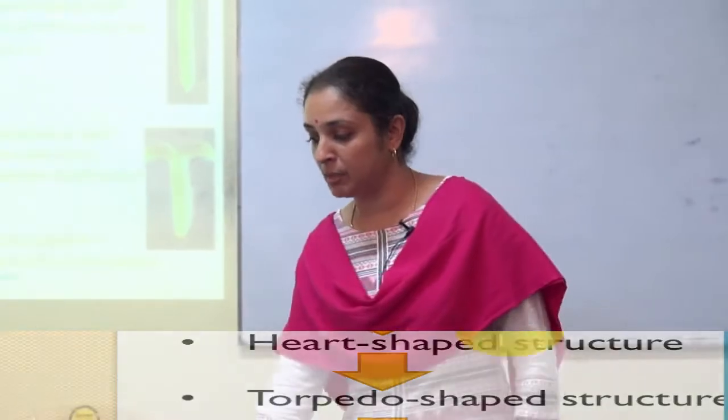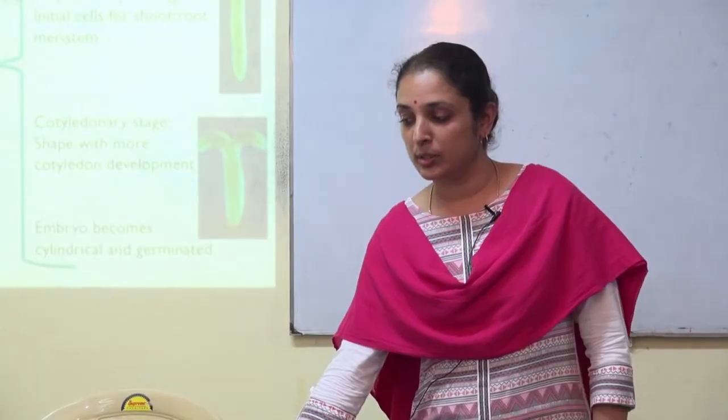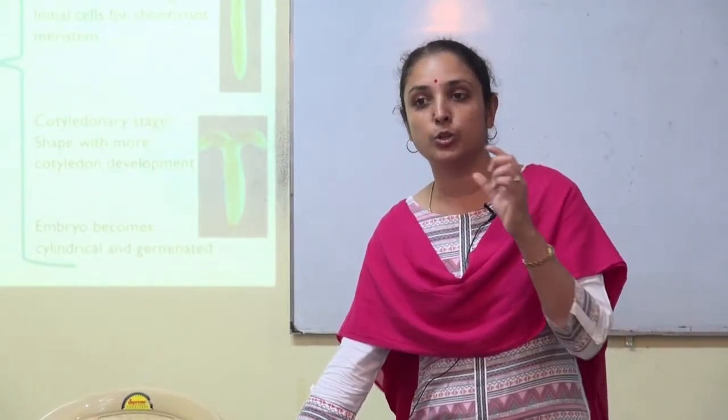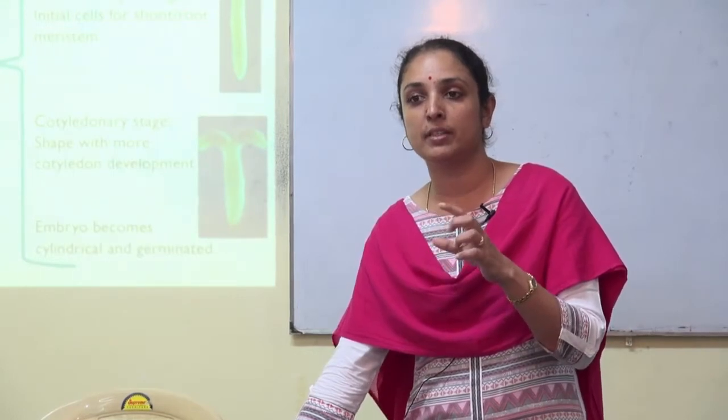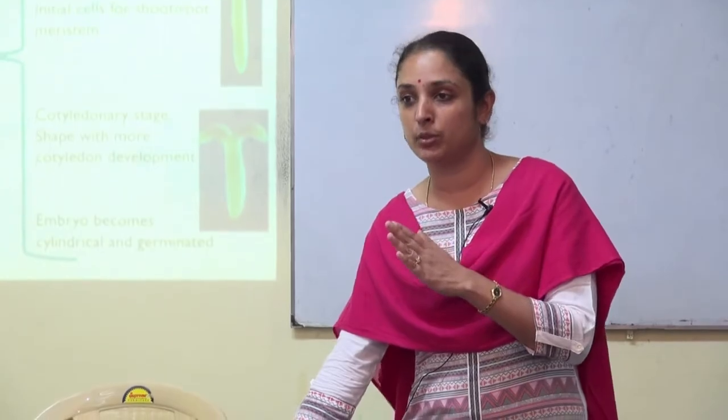Now you can see in the picture here, this is looking like heart shape. Can you see this? A little bit of editing has been done in that. So it looks like heart shape and green in color, right? Green in color. So that includes the somatic cells and also an indication of the development of an explant towards somatic embryogenesis.